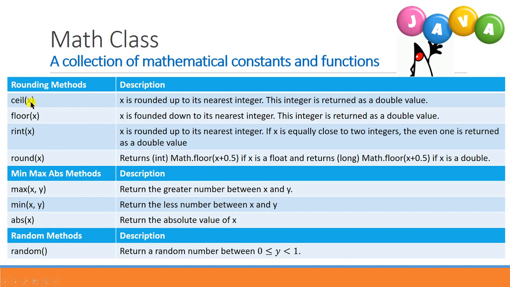This one is different from the previous three because it will return the data as an integer value, and the previous three will return a double value. And we have minimum and maximum functions as in the example before, and we have the absolute value function. We have a random number generator that will generate a random number between 0 and 1, but not including 1.